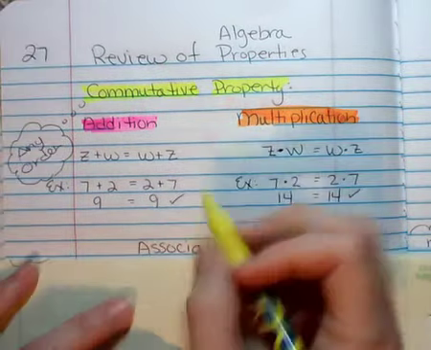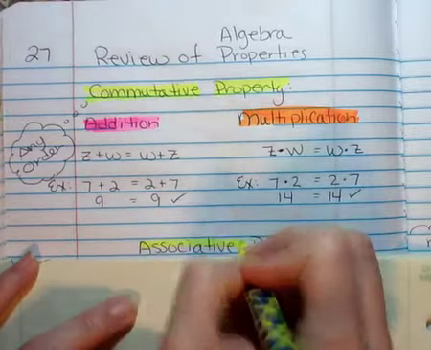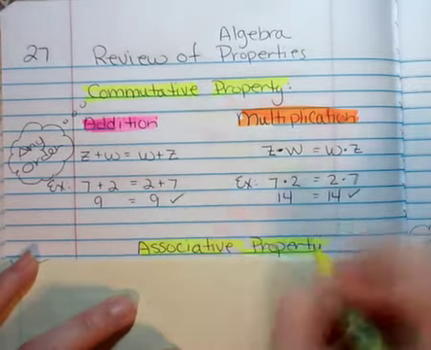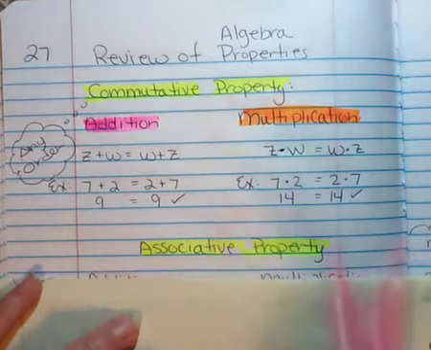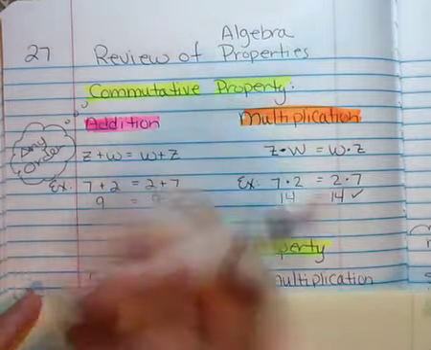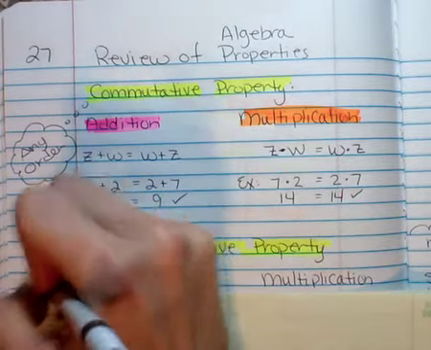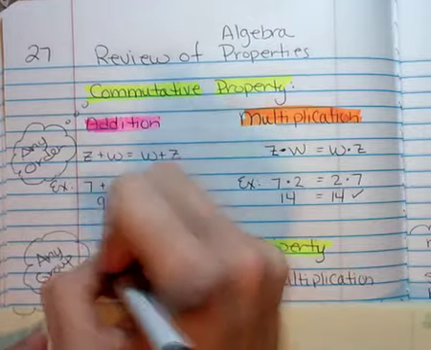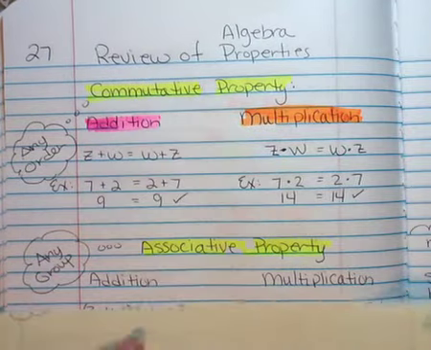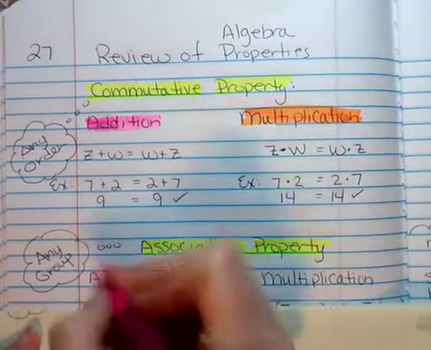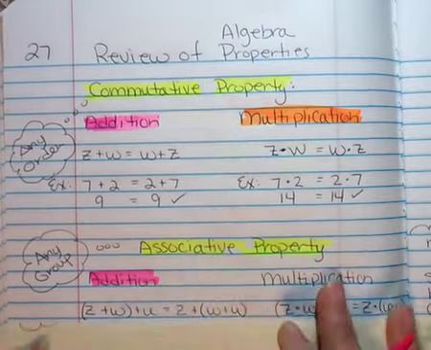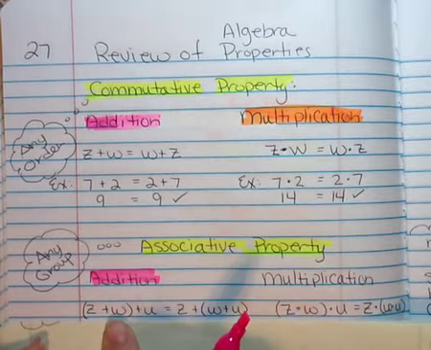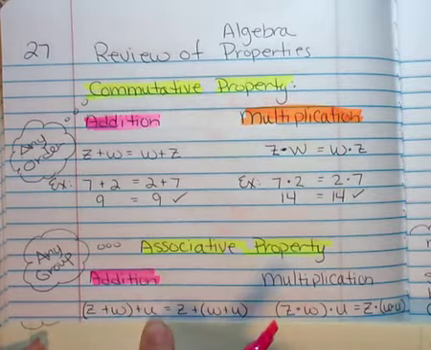All right, our next property is the commutative property. Oh, we just did that one. The associative property. And the associative property is any group. So, for example, in addition, we could first add z plus w and then add u.